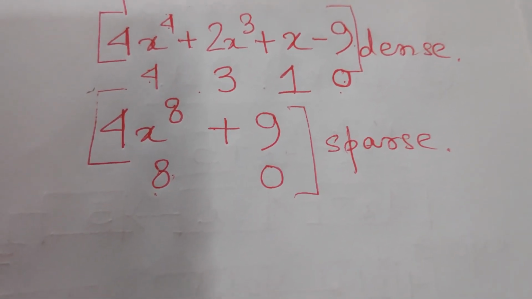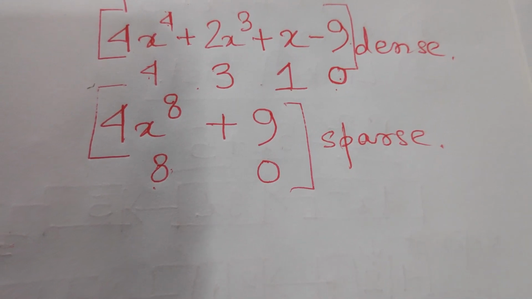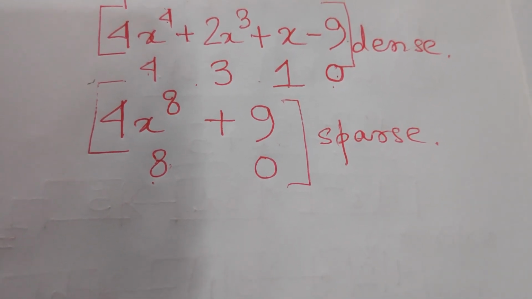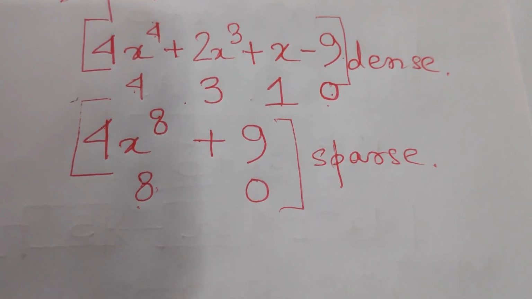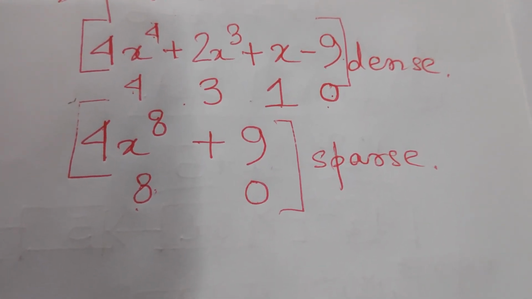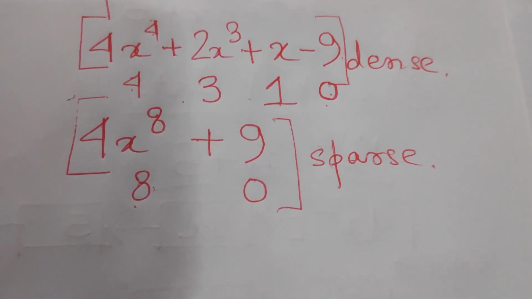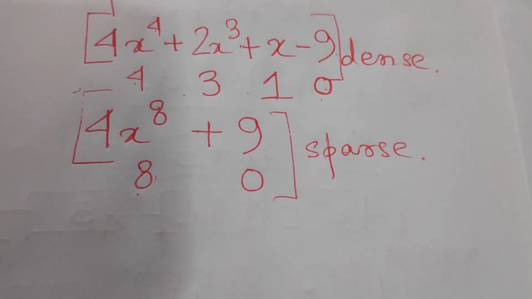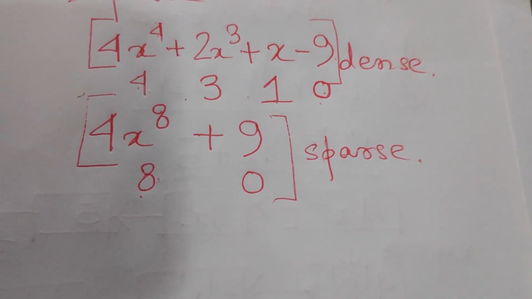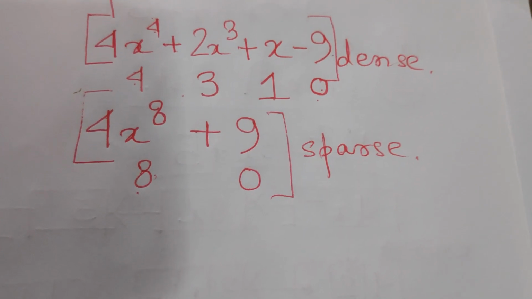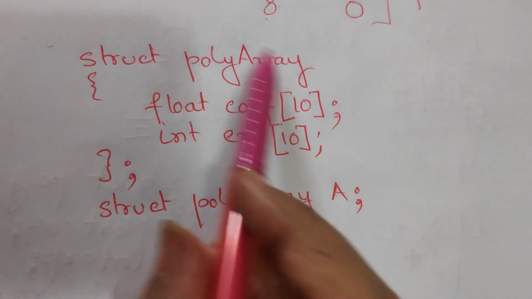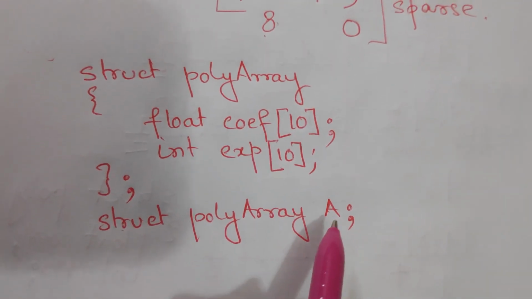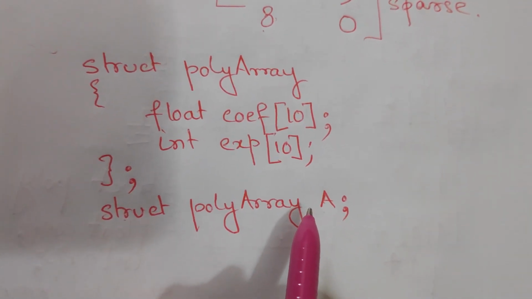But when we come to the array representation of a polynomial, then dense and sparse polynomials do affect the way the polynomial is represented in the array. Why? I will just show you. Now this is one of the methods of representing a polynomial using an array.